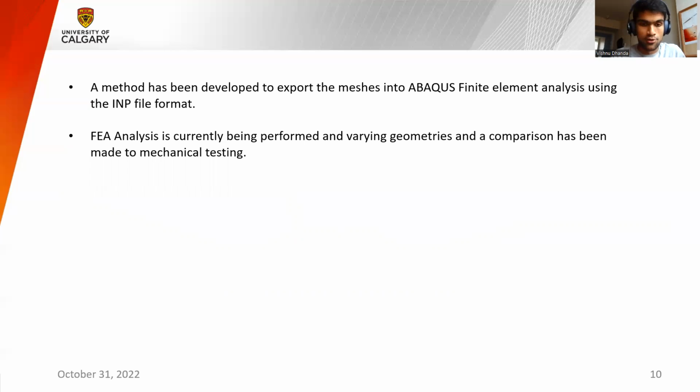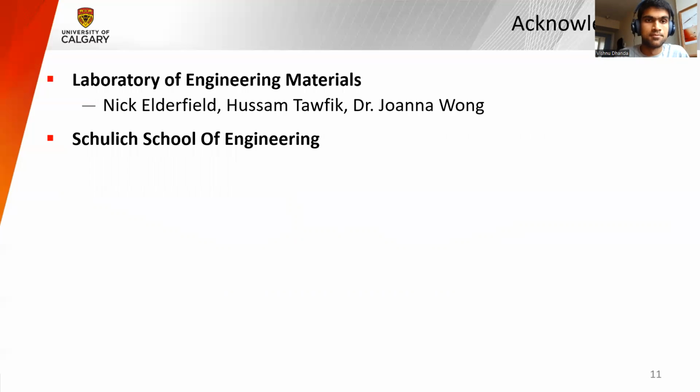We can check if it's going to work under our loading scenarios, and then go ahead and manufacture them. The finite element analysis that we're currently carrying out is being compared to mechanical testing, and we're getting extremely good results.